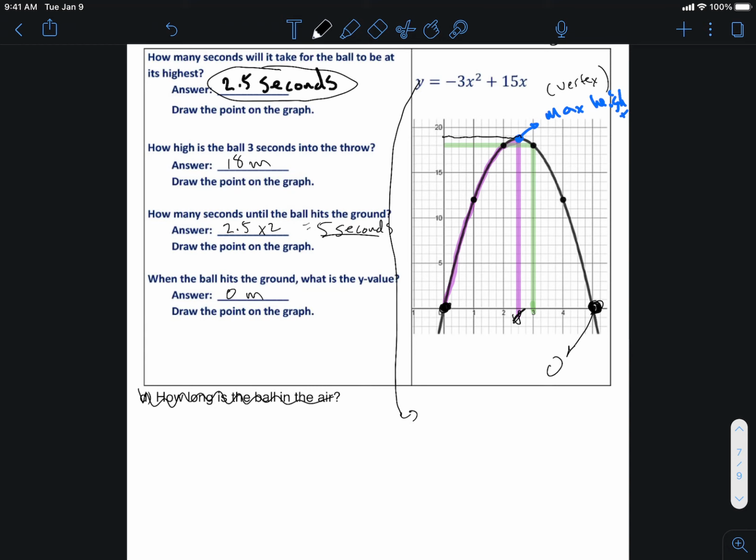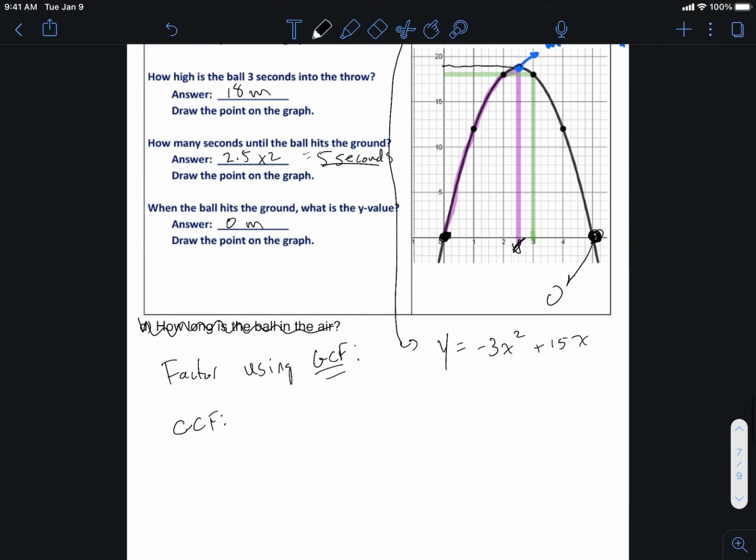We can also answer them algebraically, which I gave you the skills for, right? So if I rewrite the equation here, something interesting happens if I try and factor using GCF, or greatest common factor. All right, well, let's identify what the GCF is.